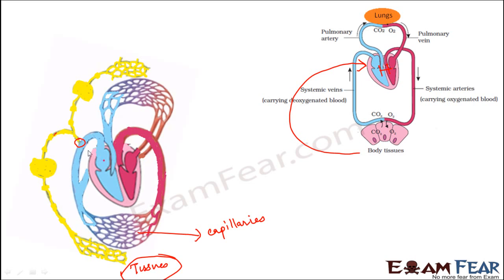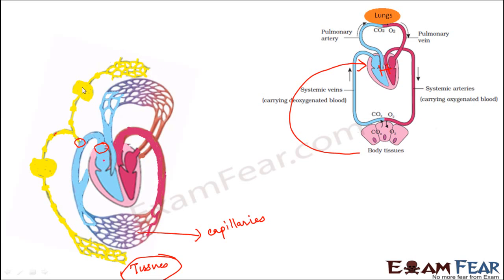Now not directly to the heart, but it enters the blood vessels again just before the blood is about to enter the heart. You see, this is the place where the blood vessel is entering the heart. Just before that, the lymph vessels give all their contents to the blood vessel. Similarly, you see, it also connects from this place. What is this place? These are the lungs. The lung tissues are also tissues of the body.